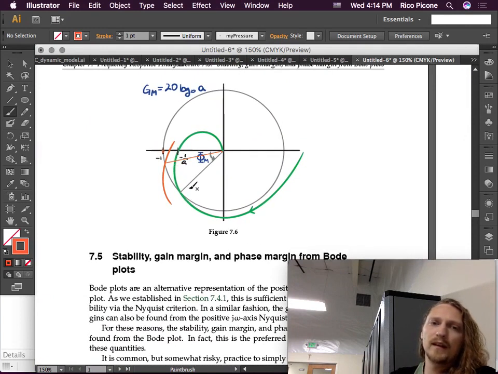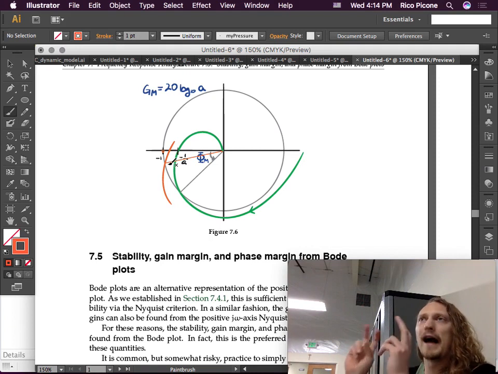The phase margin makes its reference when you cross back into the unit circle. So the closer you get to crossing right at -1, which would be marginal stability, the smaller that angle is going to be. And therefore it gives you a sort of metric for how stable you are.